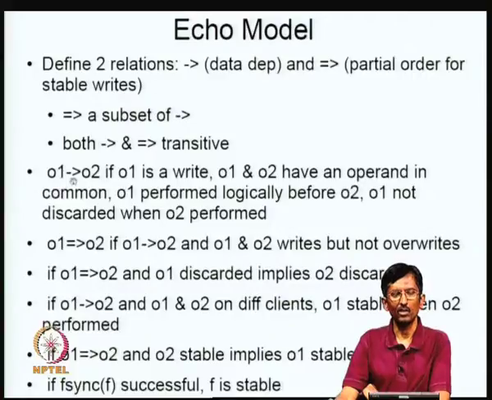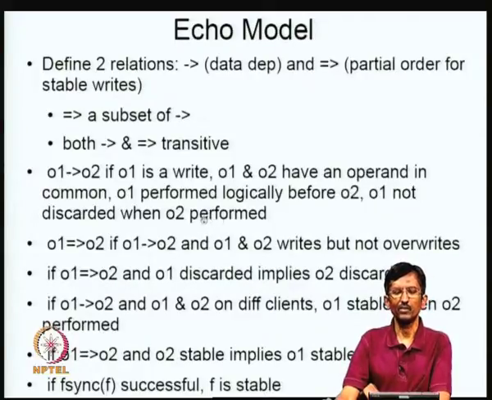Now, let us look at some of the conditions they have imposed. If O1 is data dependent on O2, okay, what does it mean? It means that O2 is dependent on O1. So, O1 is first and O2 is later. O1 is a write, and O1 and O2 have an operand in common. O1 is performed logically before O2. O1 is not discarded and O2 performed.